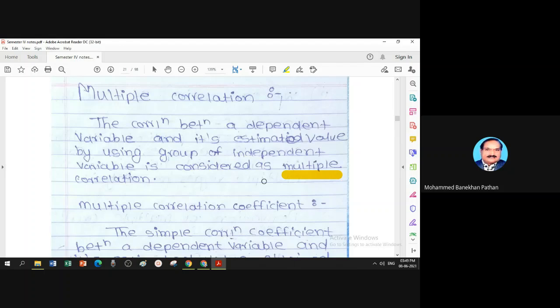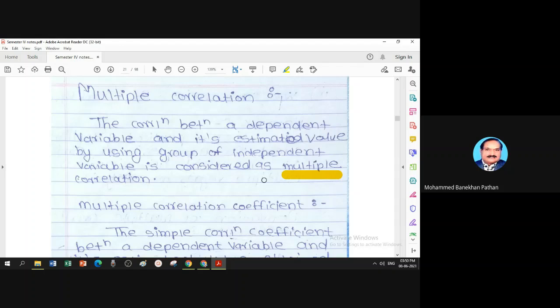Now here we can estimate the value of the dependent variable by taking knowledge of the group of independent variables. That is, suppose x1 is dependent, then we find an estimate of x1, noted as x1 cap, with the help of the set of independent variables.